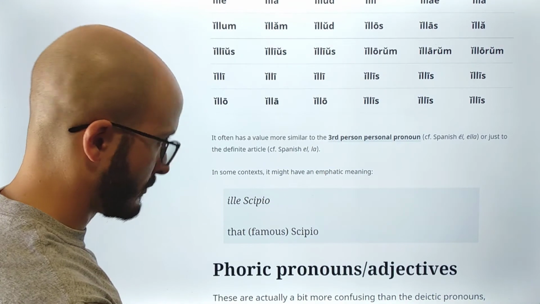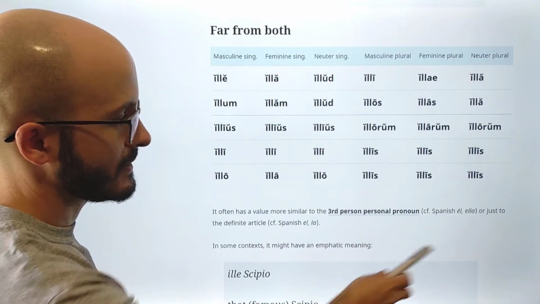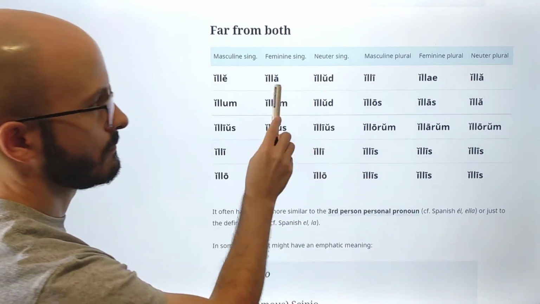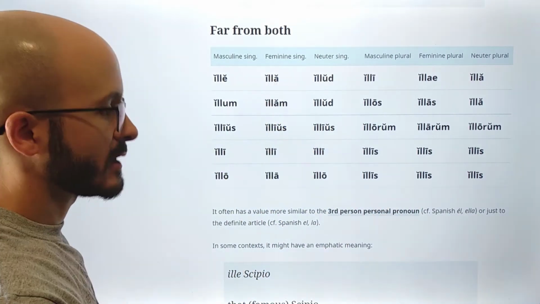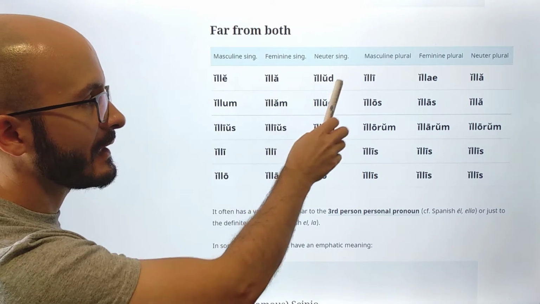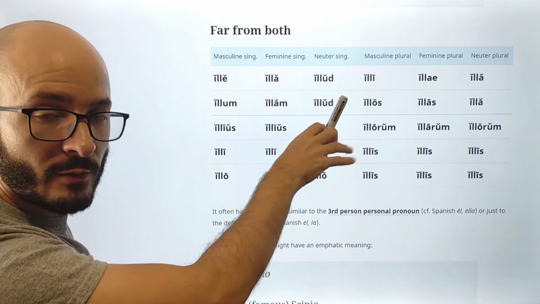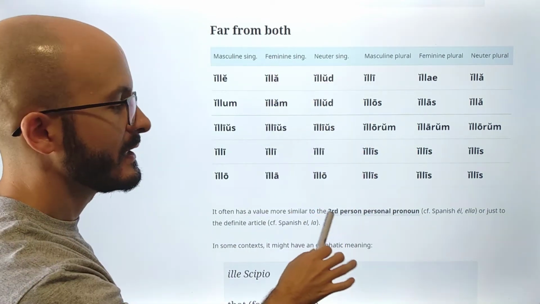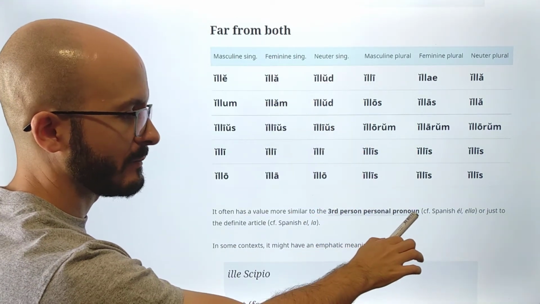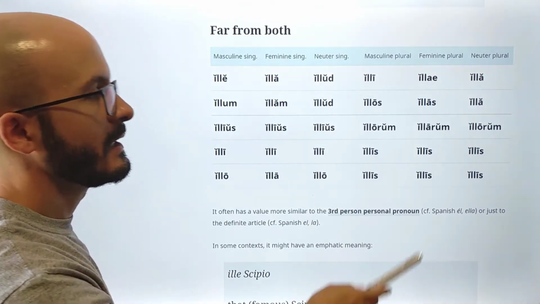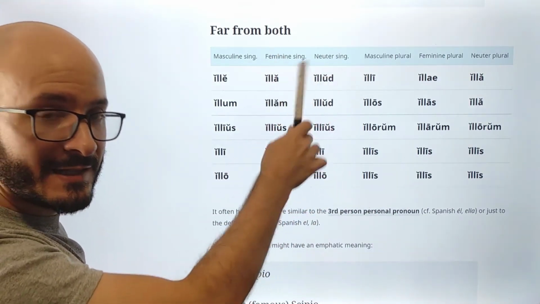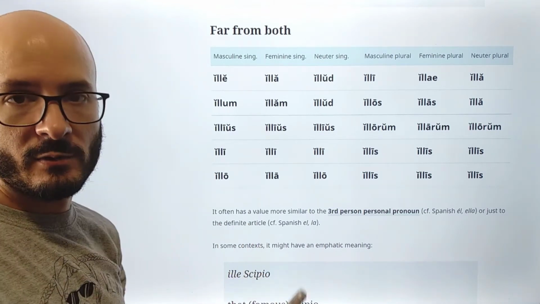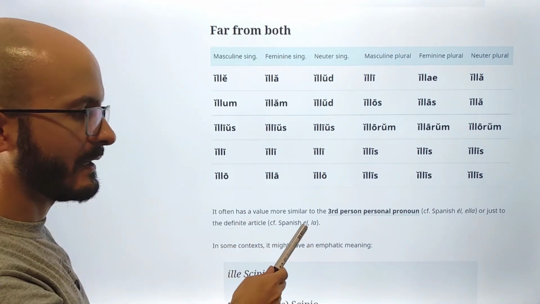And of course, if you have a bit of imagination, ille, él, ella, illa. Okay? So, when ille, illa, illud is used as a pronoun, many times it is just, in Latin, sorry, the third person personal pronoun. And when it is used as an adjective, then it's closer to the definite article, the. Spanish, el, la.